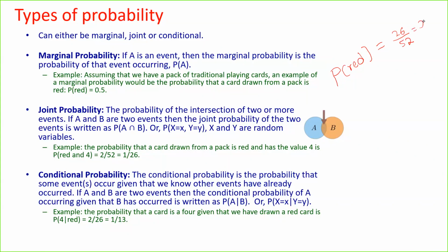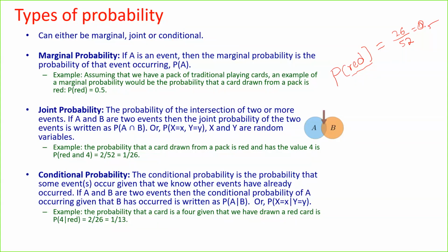So it is 26 by 52, which is 0.5. This is the marginal probability. It's because you're just interested in the probability of a certain event, irrespective of the other events. You're not caring whether the card is a king or queen, or whether it is a heart symbol or a diamond symbol. You're not caring about any other aspect of it. You're just interested in the probability of the red card. So that's the marginal probability.